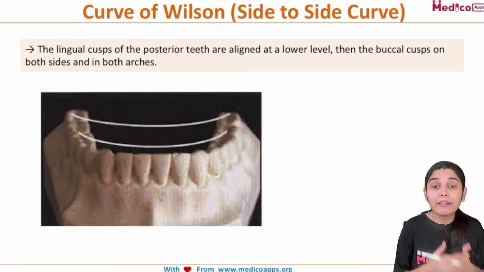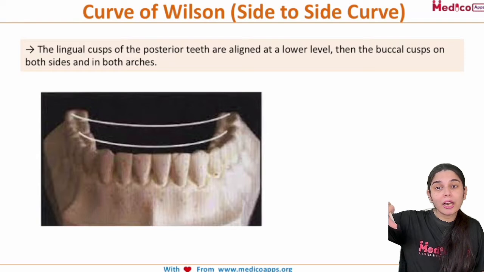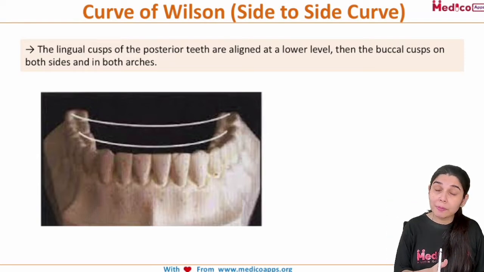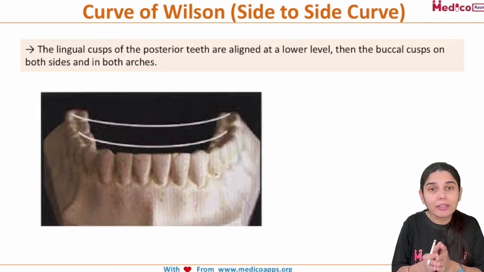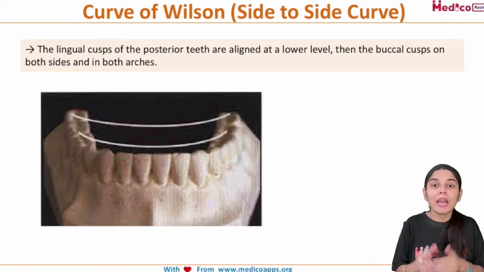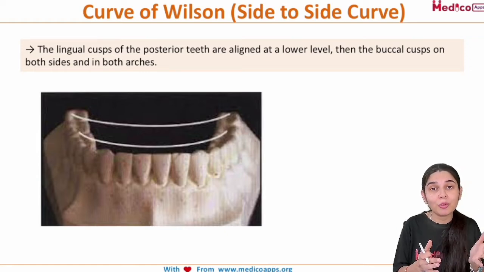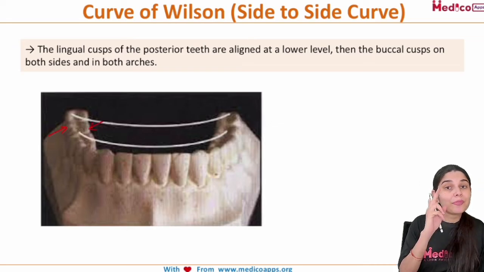Moving ahead, if there is a curve, it is definitely going in a slanting way. The cusps present inside, near the tongue, are known as lingual cusps. And what do you call the cusp which is near the buccal mucosa? The buccal cusp. So these are the lingual cusps and these are the buccal cusps.